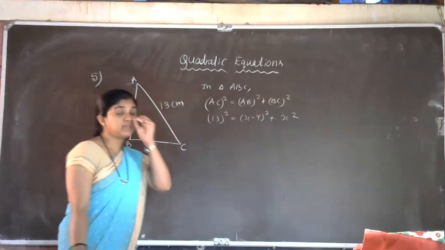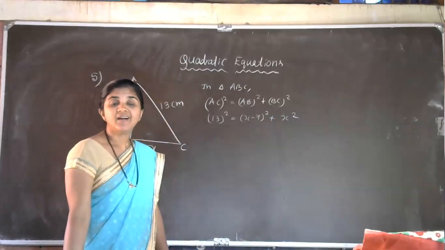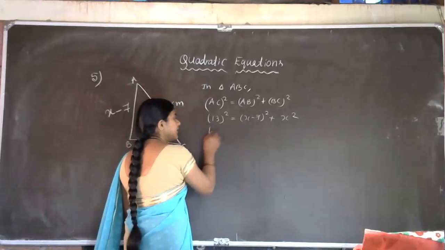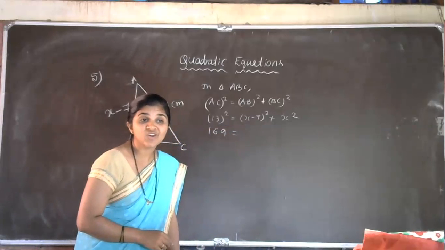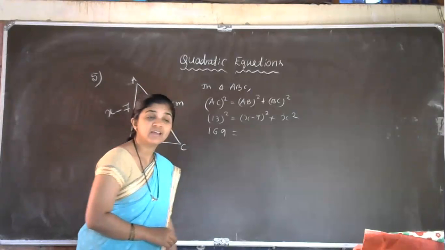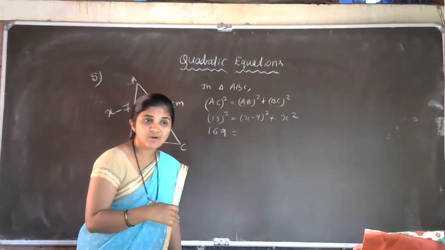Now, what is 13 square? 13 square is 169, which is equal to (x minus 7) whole square plus x square. We have to apply the expansion of (a minus b) whole square, no?